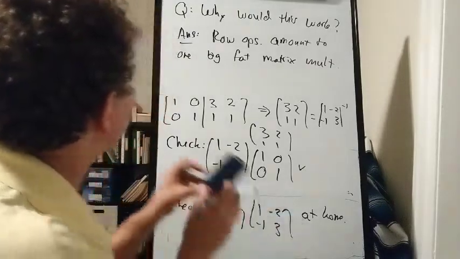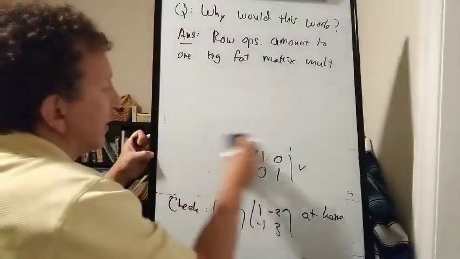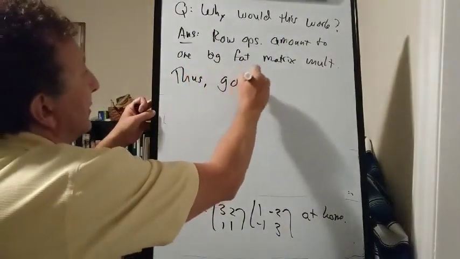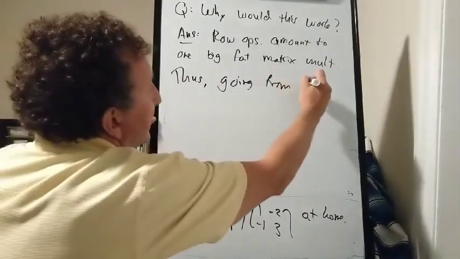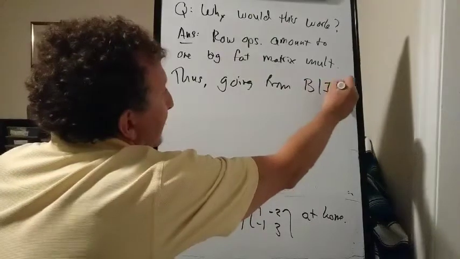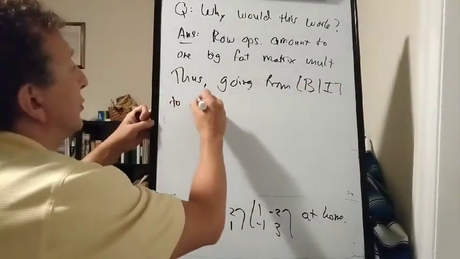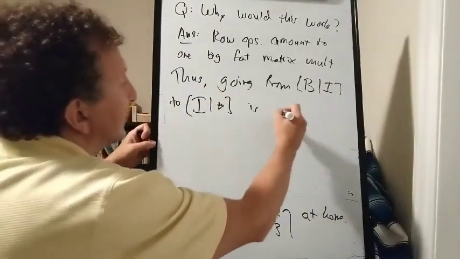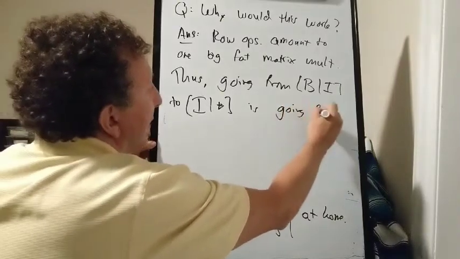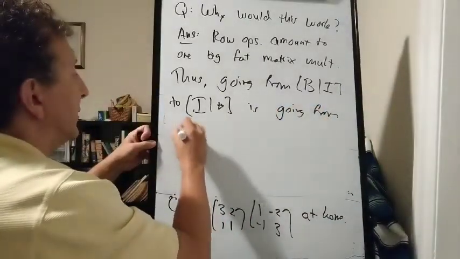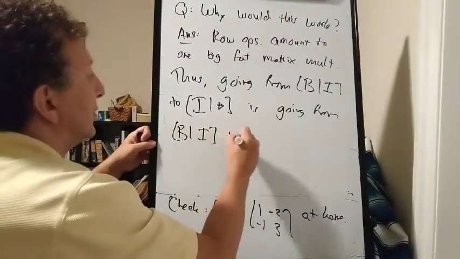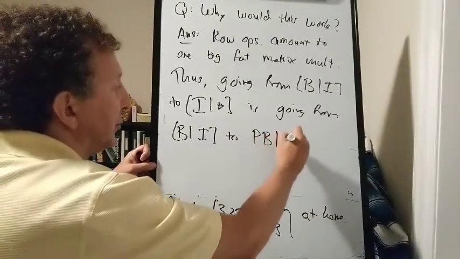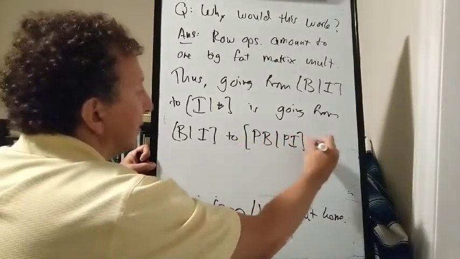So that means that going from B I to something, what we're doing is multiplying on the left by P, so PB, PI.